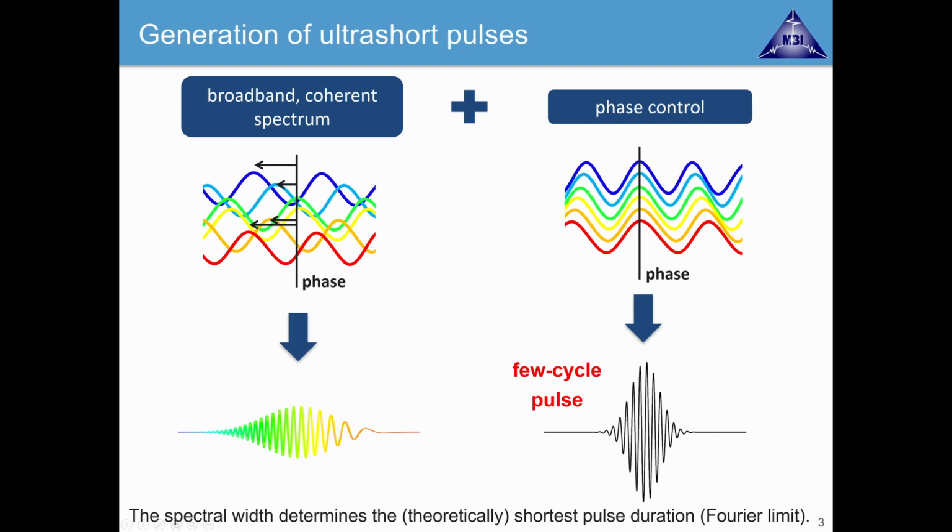If we now add some phase control and are able to align all spectral components at a given point in time, then we're able to generate a few cycle pulse, which is ultimately determined by the spectral width that we have. This is also called the Fourier limit.